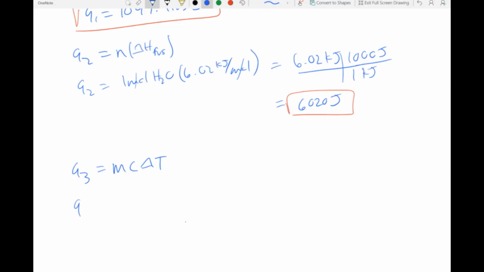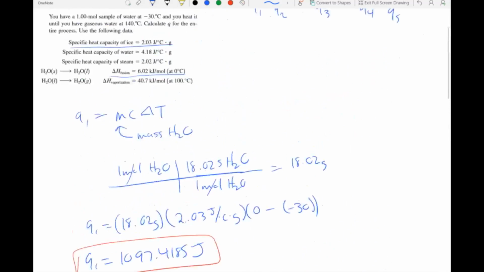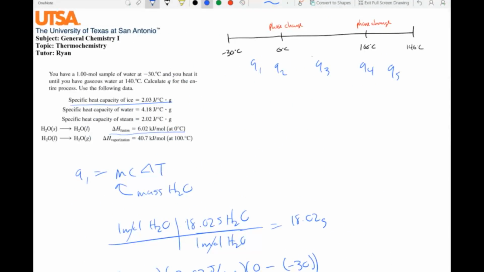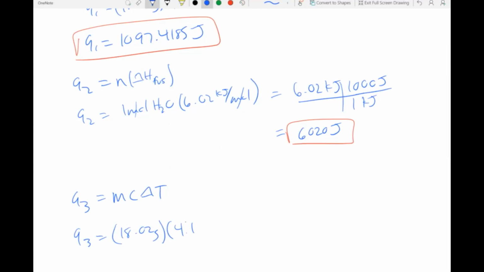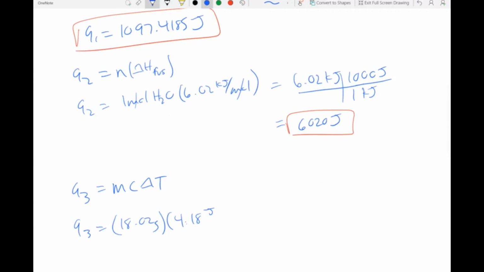So Q3 equals 18.02 grams, that's what we calculated before, times C, which is given to us in our problem statement, 4.18 joules per degree Celsius times gram. Then our final temperature is 100 and our initial is 0.